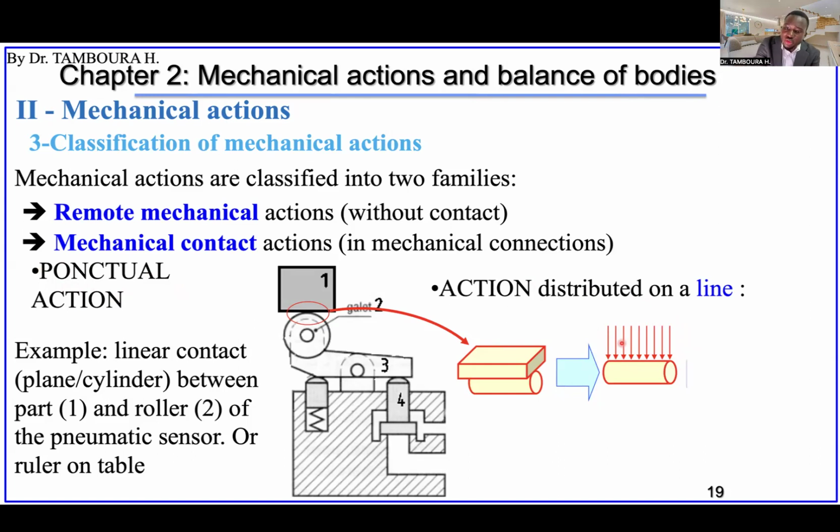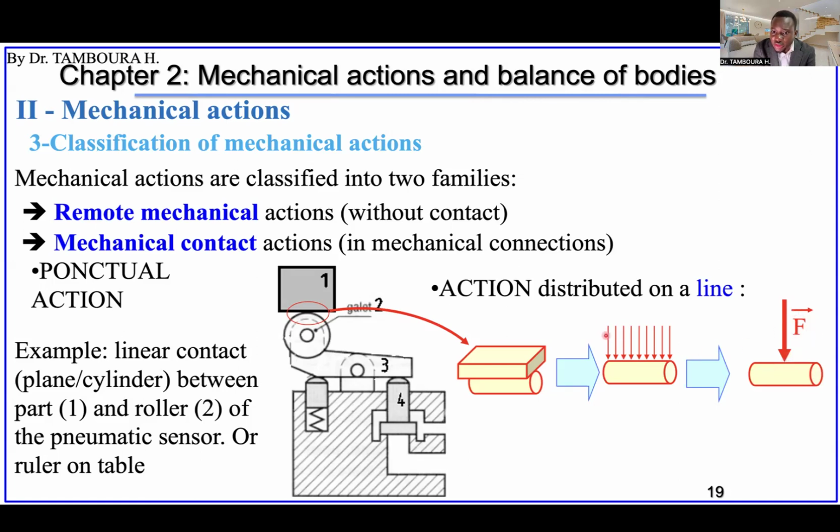You can say that all this can be represented by one force, and this representative force is acting at the middle of this element. And how do you get this force?